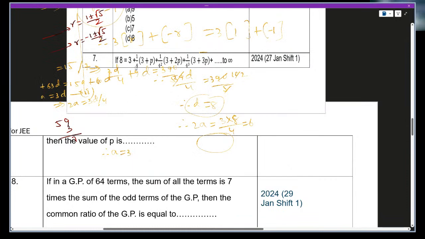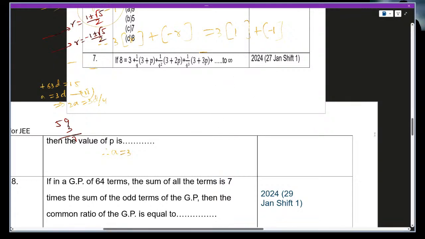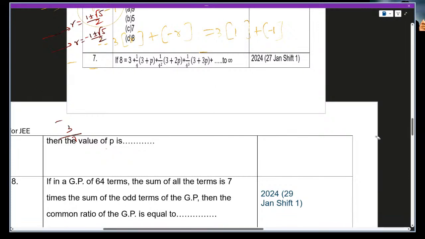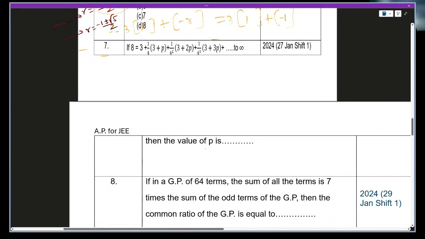If A is equal to this thing, then find the value of P. Question number 7 we are solving. It came in 2024, 27th Jan. Try. Can you solve? Check.